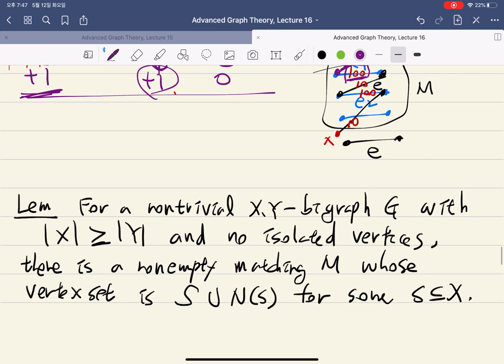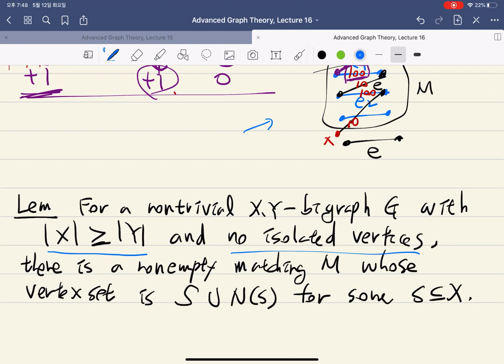So for that, we want to prove this lemma. That intuition motivates us to prove this lemma. In this bipartite graph, let's assume that X has size at least as big as Y, and there are no isolated vertices.